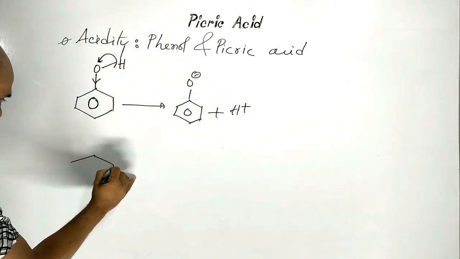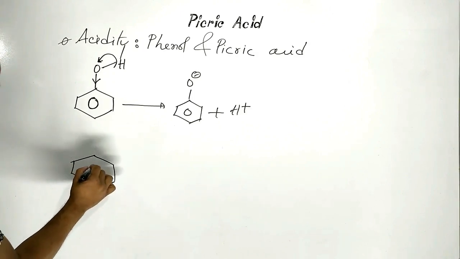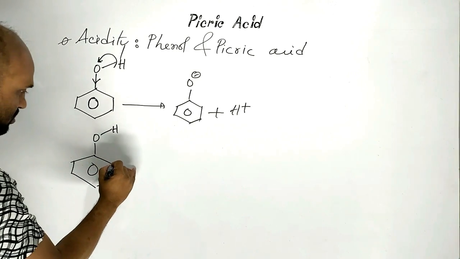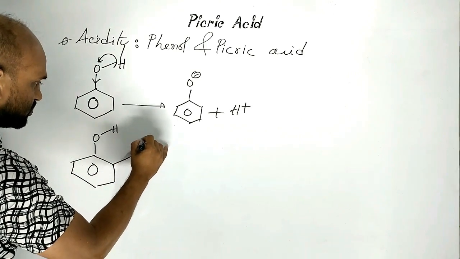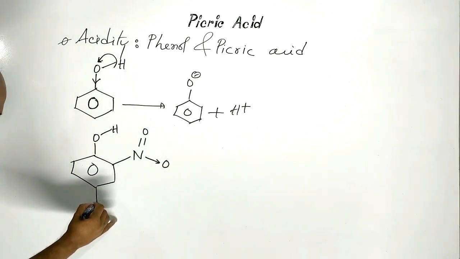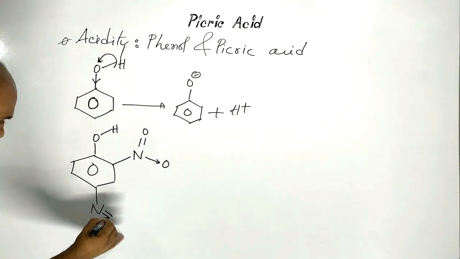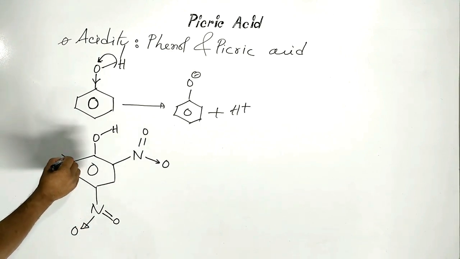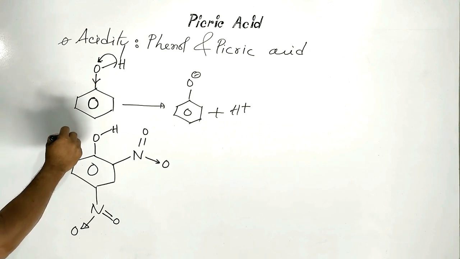But picric acid: phenol, here nitro group, at fourth position another nitro group, at sixth position nitro group.